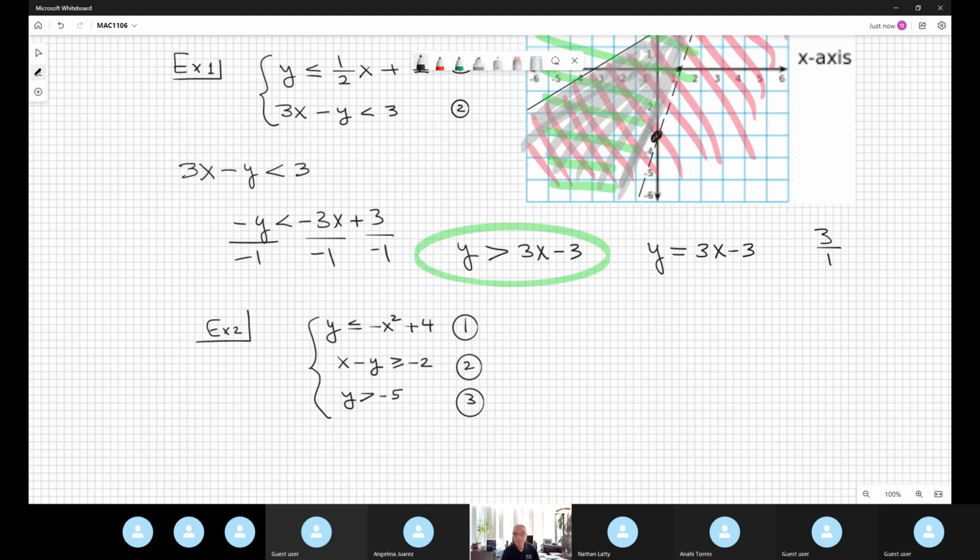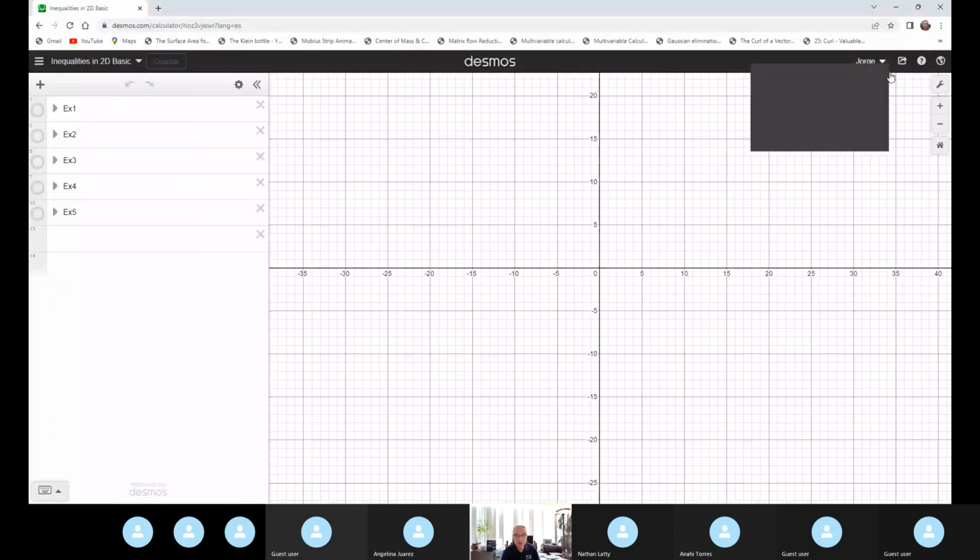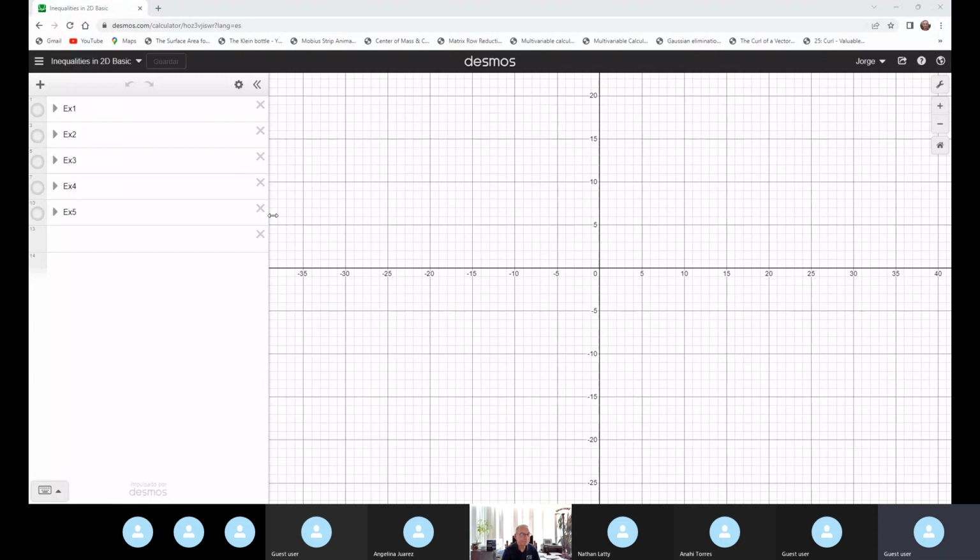There you go. Let me see if it's working now. Switching to Desmos. There you go. Look at that. Do you see Desmos, my Desmos? Not yet. Not yet? No. Not for me.